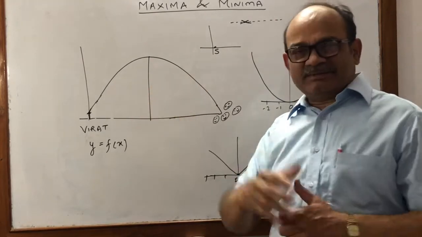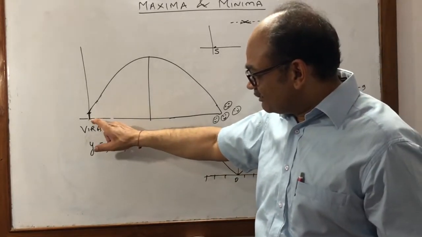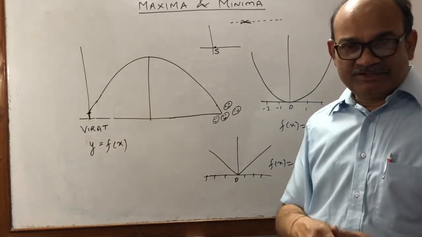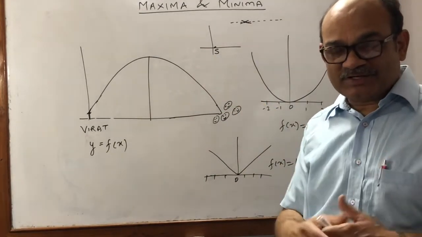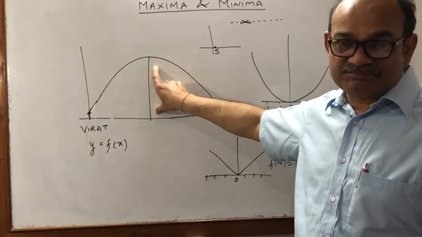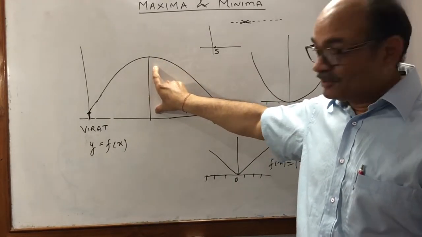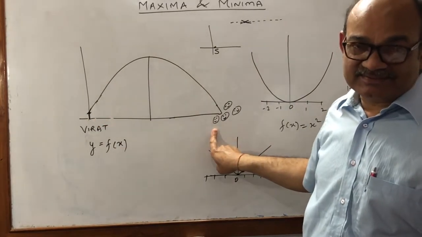A very simple example from our daily life. Suppose Virat Kohli is on this crease and he hits a 6 into the stands. We want to calculate the highest height of this particular 6, or the maximum length of this 6.